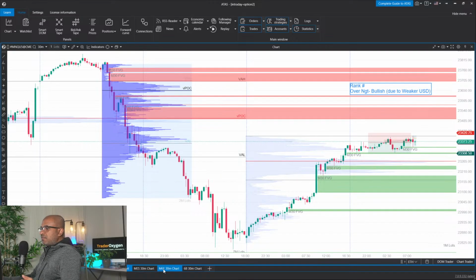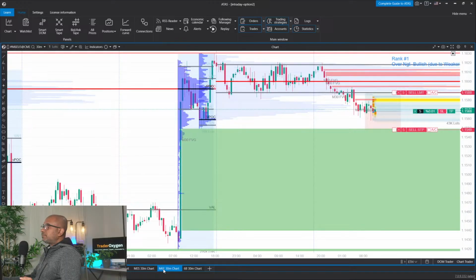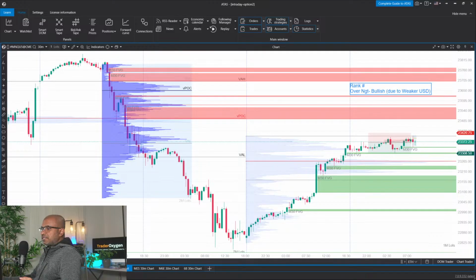So out of those instruments, the reason why we took the trade on Euro futures, and the reason why we did not place a trade on micro mini Nasdaq index futures, is, if you look over here in the MNQ index futures, the price has been pushing down.